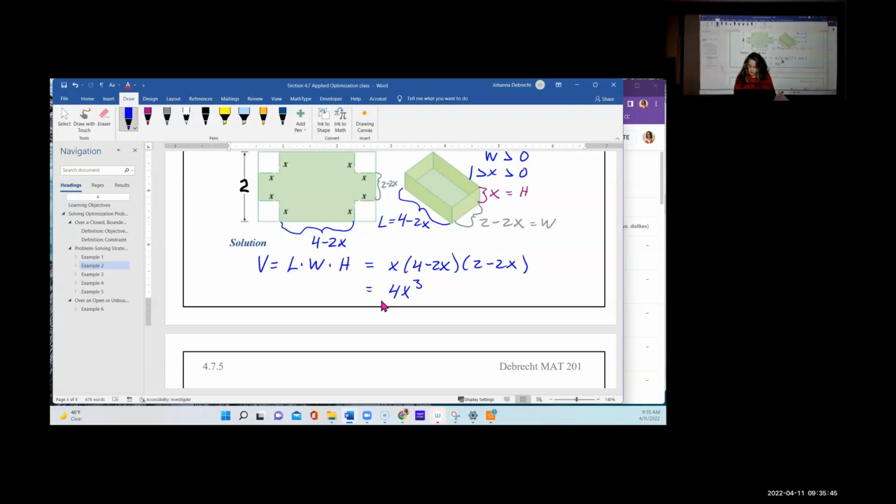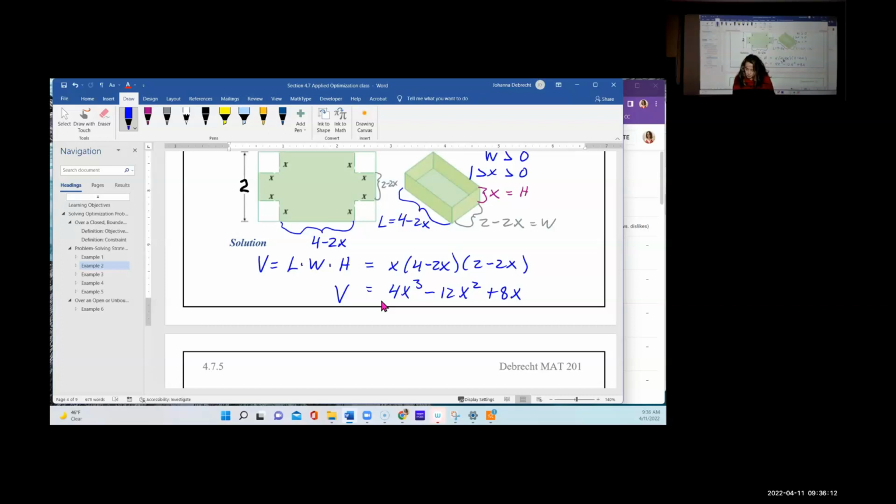So that's a negative 12x times x is a negative 12x squared. And then I've got 4 times 2, which is 8. And 8 times x will give me plus 8x. So this is the volume equation that I have. V is equal to 4x cubed minus 12x squared plus 8x.